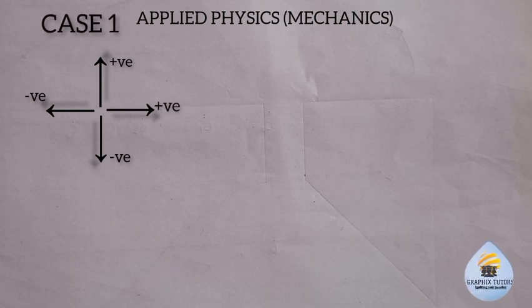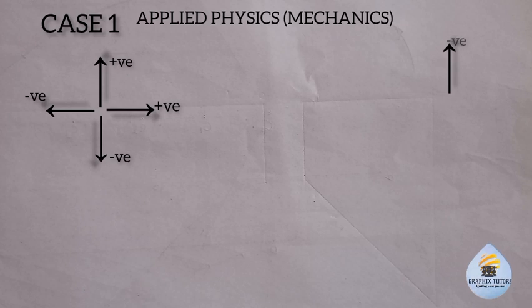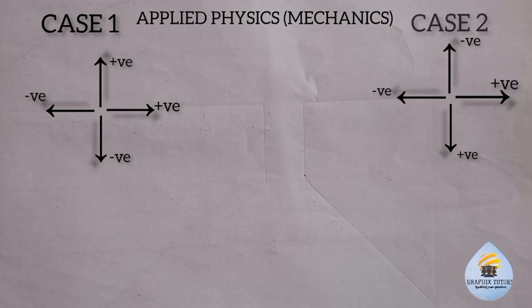Why some disagree and they say no, when the force is facing upward, it is negative, and when it's facing downward, it is positive. When it's facing the left, it is negative, and when it's facing the right, it is positive.